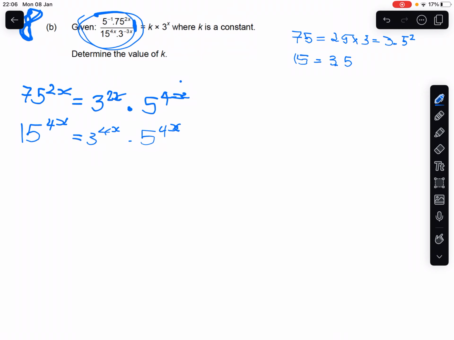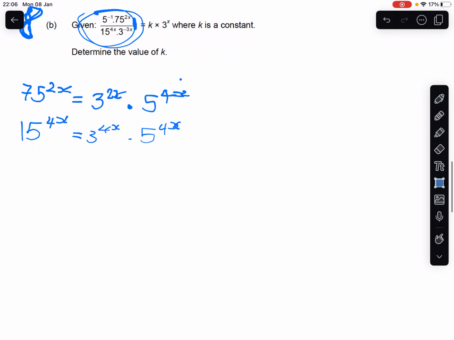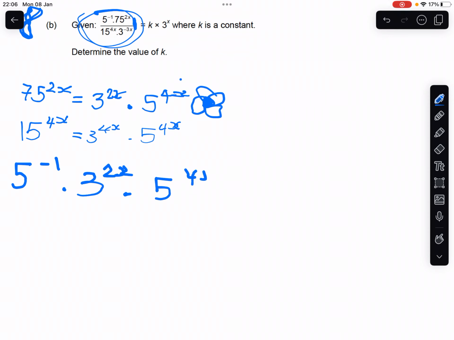Anyway, so I think we can get rid of these guys over here because we're done using them. So let's see if we can now look at our expression. Right, so we've got 5 to the power of minus 1 times 75 to the 2x, which we've now rewritten like this. Okay, so we're going to times it with 3 to the 2x times 5 to the 4x.